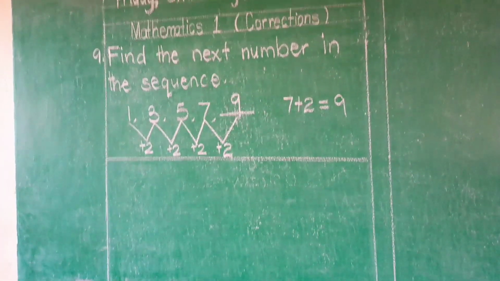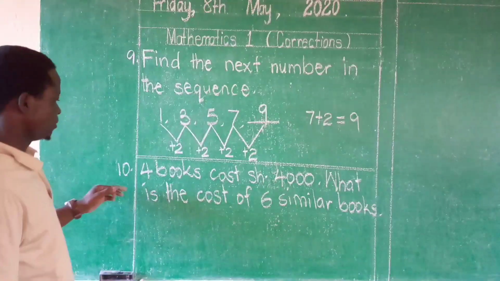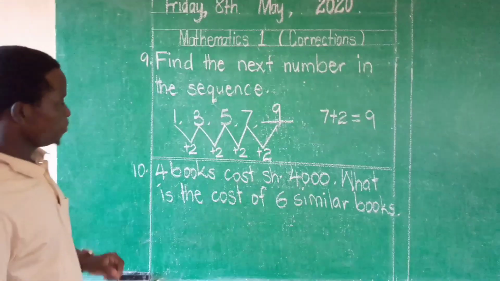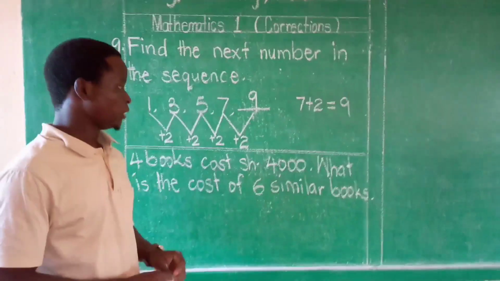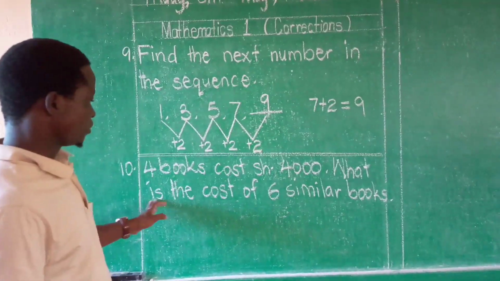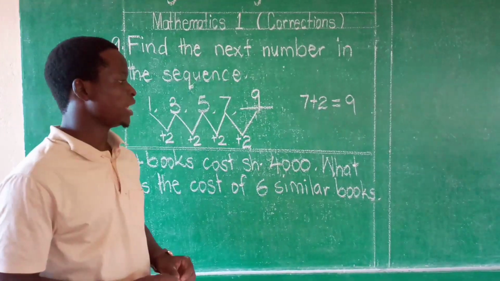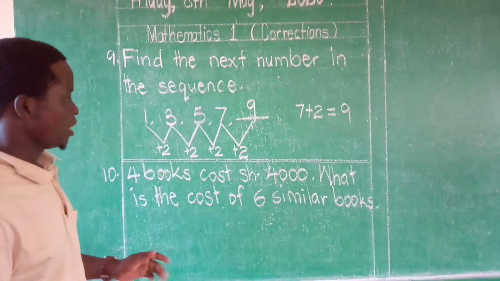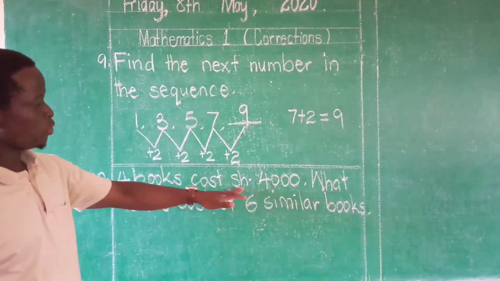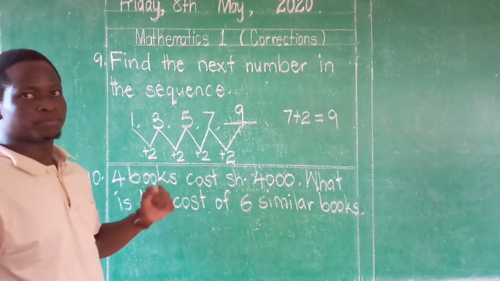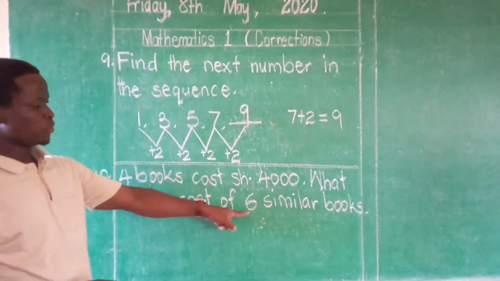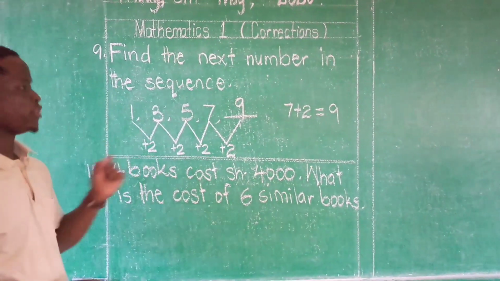Question number 10. Question number 10 reads, 4 books cost 4,000 shillings. What's the cost of 6 similar books? Now, when you're given the cost of 4 books, before you look for the cost of 6, you need to first know the unit cost.